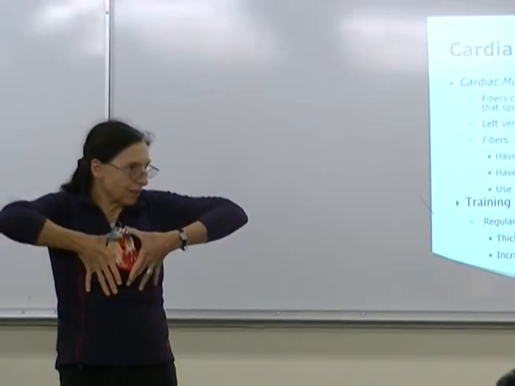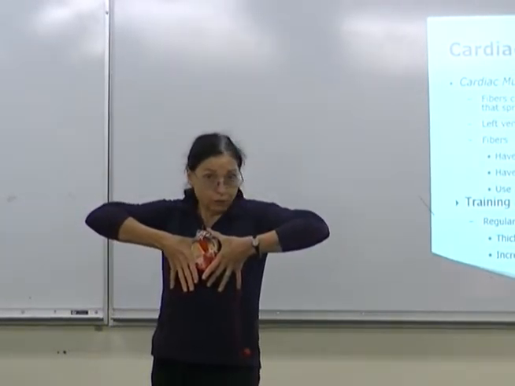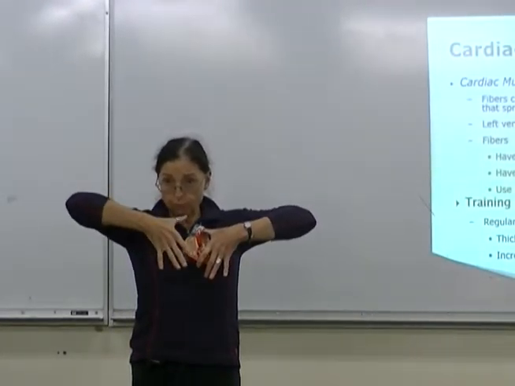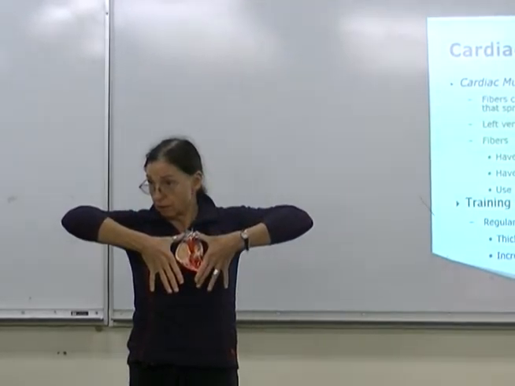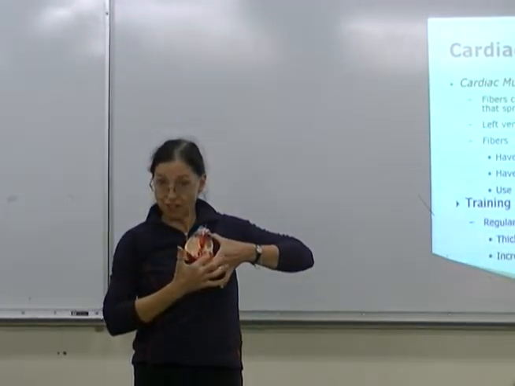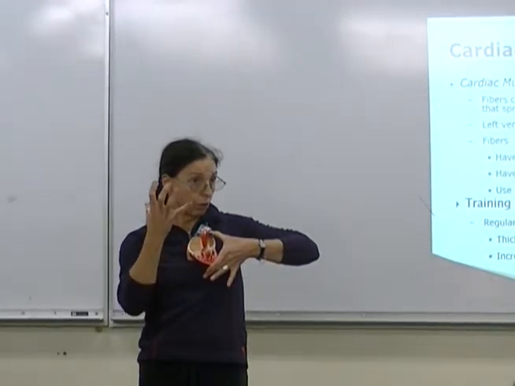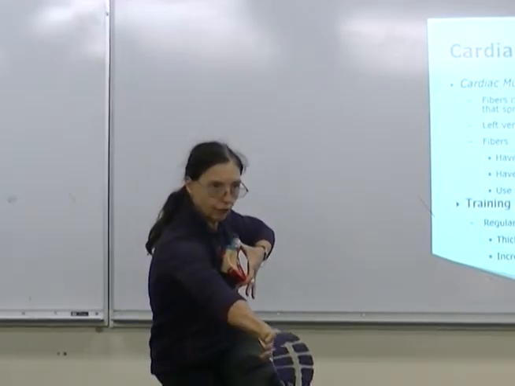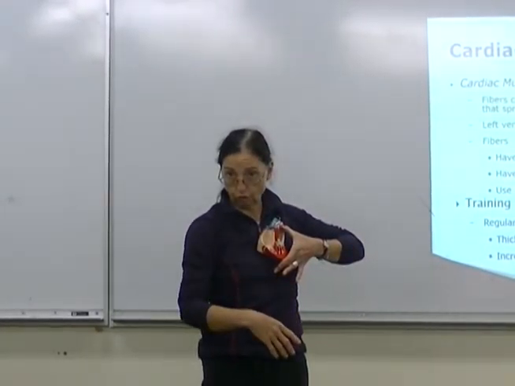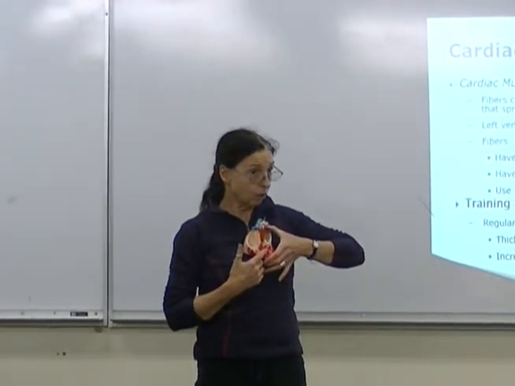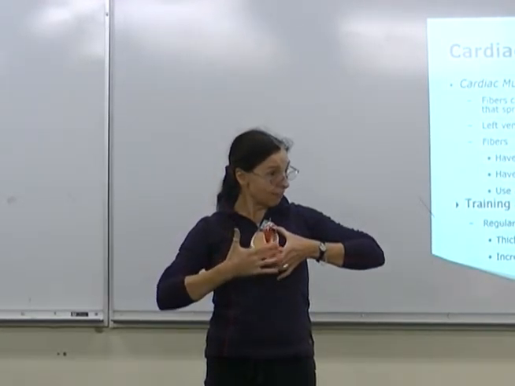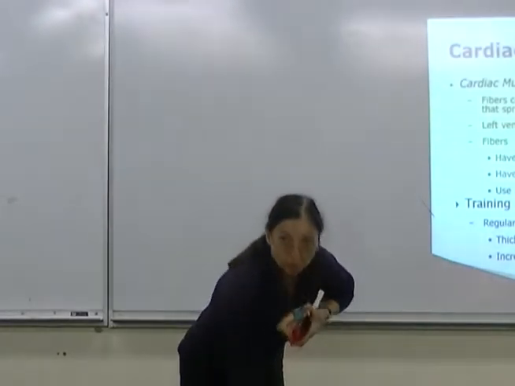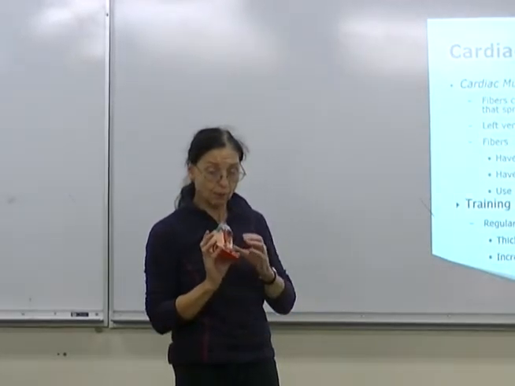So the right ventricle doesn't have to do very much work to achieve its job, because it's just got to squirt the blood hard enough to get to the lungs. The left ventricle has to contract hard enough to squirt blood all the way down to my little toe, otherwise my little toe is going to fall off. So the left side of my heart has to work really hard to get blood all the way through the rest of the body. So it works way, way harder.